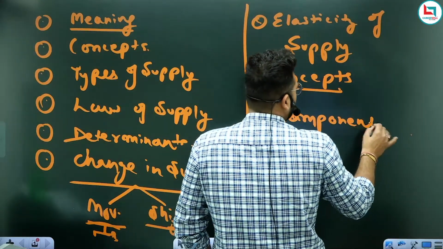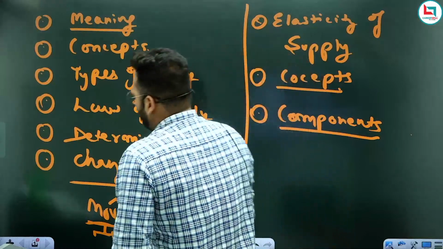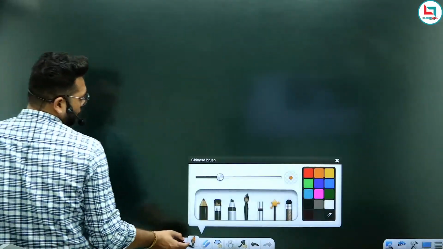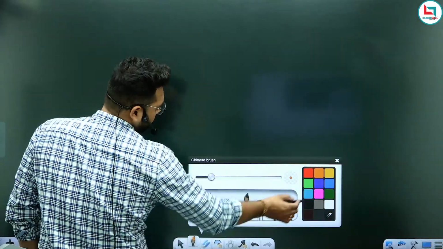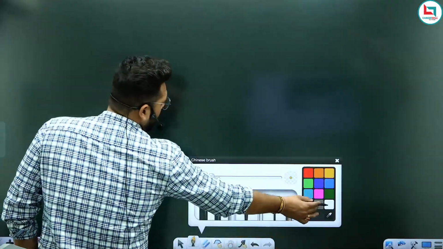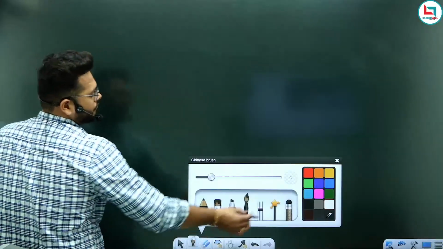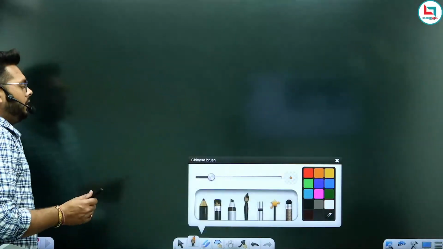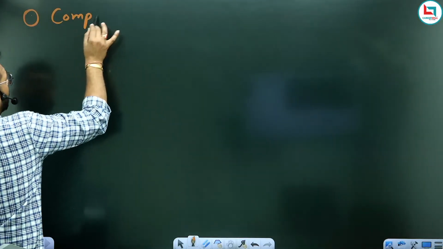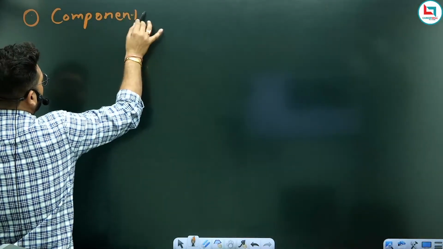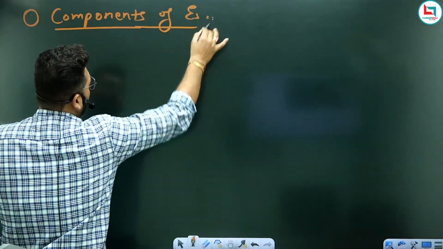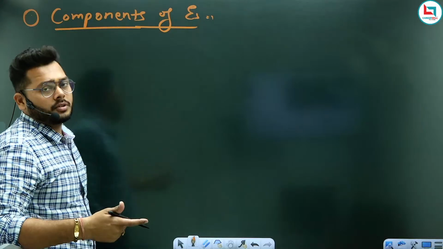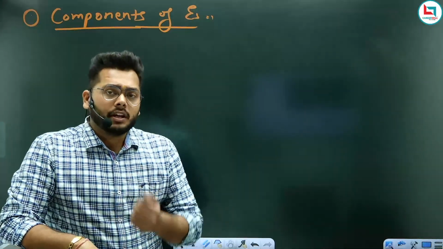Now we need to understand the components, right? First of all, components of ES. So what do you mean by this ES, elasticity of supply, right? What exactly is the meaning of elasticity of supply?